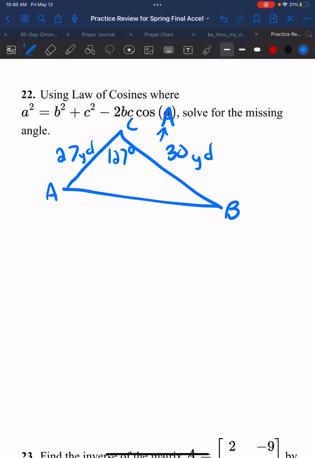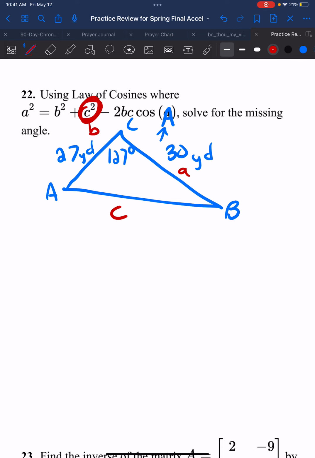However, I have a little bit of an issue: I don't know all the things that I need. You can see here, I'm going to write it in red, this is side C, this is side A, this is side B. I need to know side C to be able to plug it into this equation.